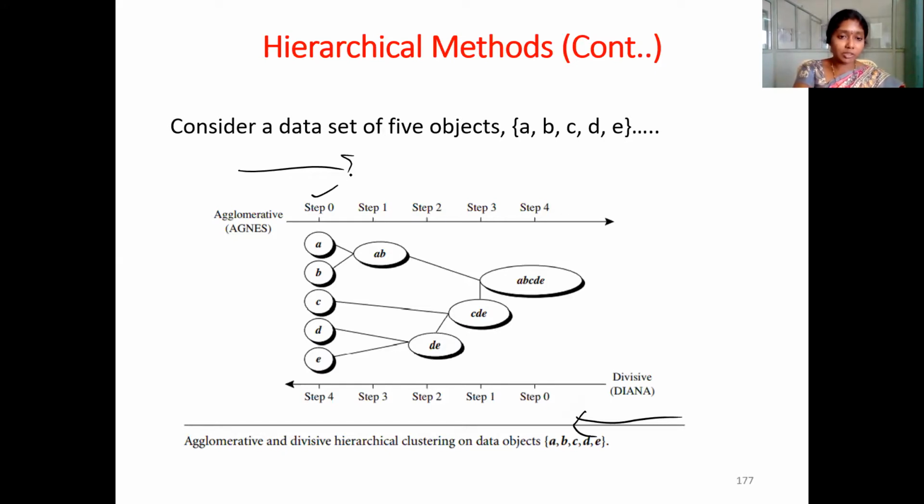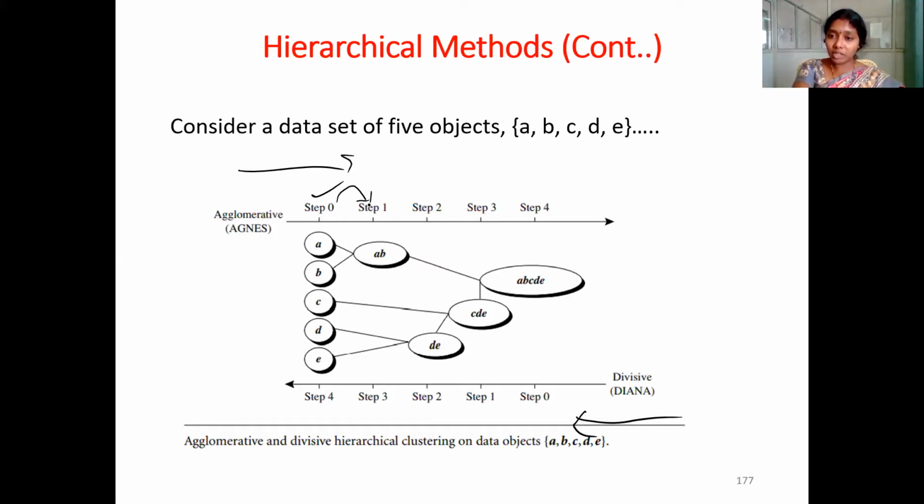That is the initial step, let's say step 0. In the next step, based on certain similarity, we usually use the Euclidean distance measure. You need to calculate the Euclidean distance among the data objects, and the ones which are most similar can be merged in the next stage.